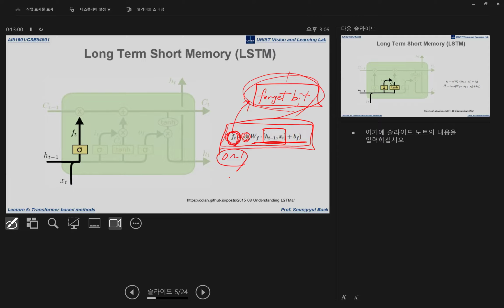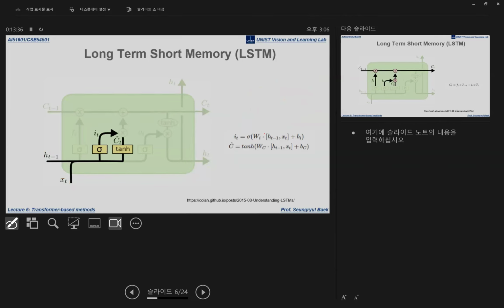They mean which will be retained and which will be forgotten. They input the current time element and at the same time input some of the contextual information coming from the previous time. Then we apply the linear layer on the concatenated vector, and then apply the sigmoid, and explicitly estimate what to forget.